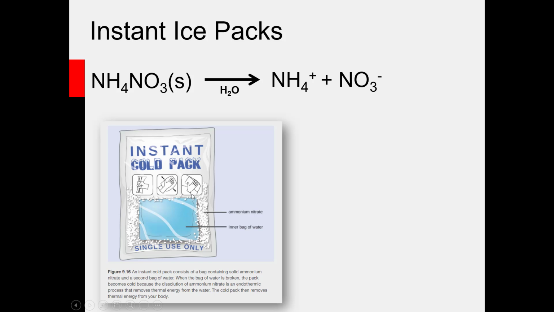So to activate the cold pack, you shake it up, you snap it, the water mixes with the ammonium nitrate, which is a water-soluble ionic compound, and the ammonium nitrate ionizes, breaks into its component ions inside the water, which is the solvent for the reaction. The reaction of ammonium nitrate dissolving in water is endothermic, and it makes the pack colder from the outside.